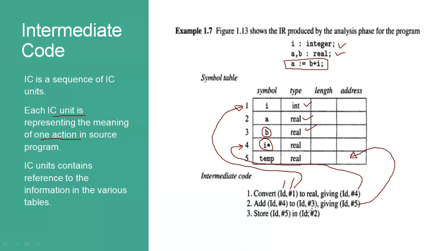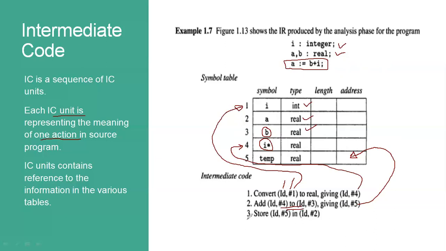Now don't get confused about ID #4 and ID #3. B plus I and I plus B are the same. But ID #4 is I star and ID #3 is B. So I star plus B, which is nothing but B plus I star. In addition, there will be no problem with the sequence.